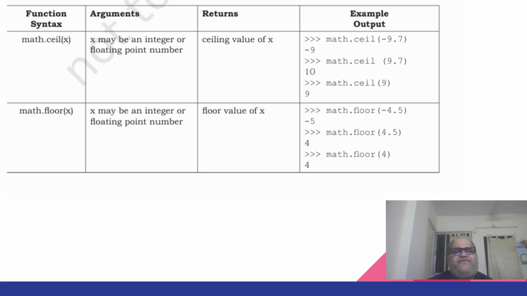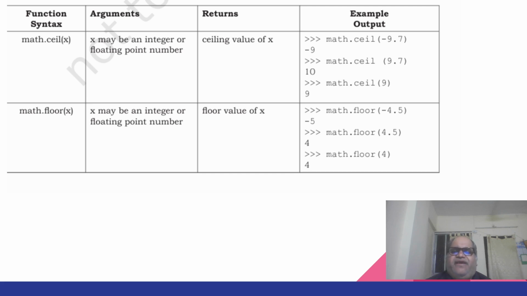And then ceiling and floor. Ceiling will give you the next bigger number. So on the negative side, it will be the higher one; for example, minus 9 is greater than minus 9.7, while for positive 9.7, the next number will be 10.